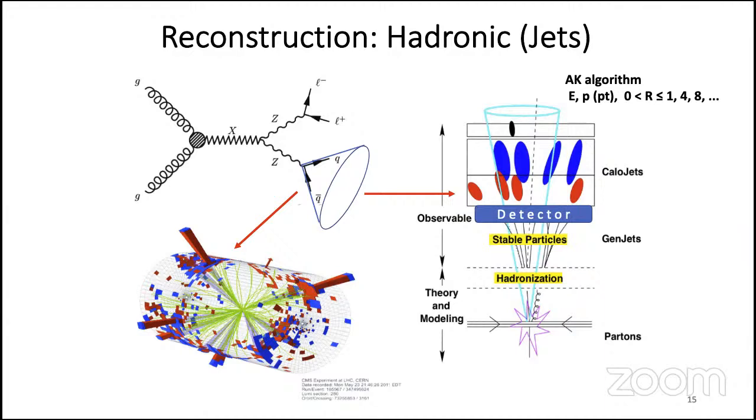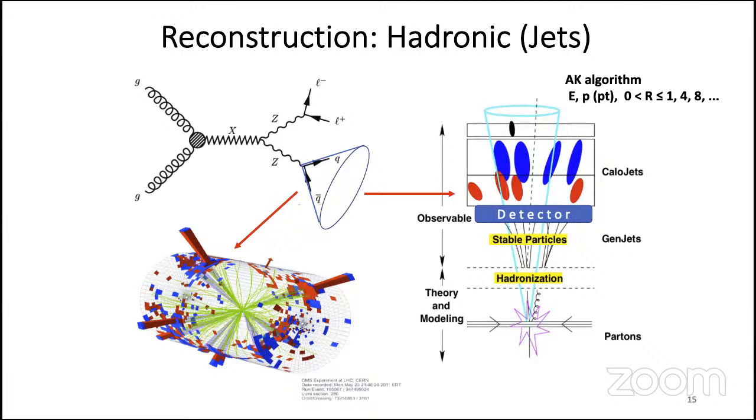For example, here, this mess is the decay of a hadronic event. As you can see, the clusters in red are the electromagnetic calorimeter, and the blue ones are the hadronic calorimeter. These tracks in green are the charged particles.